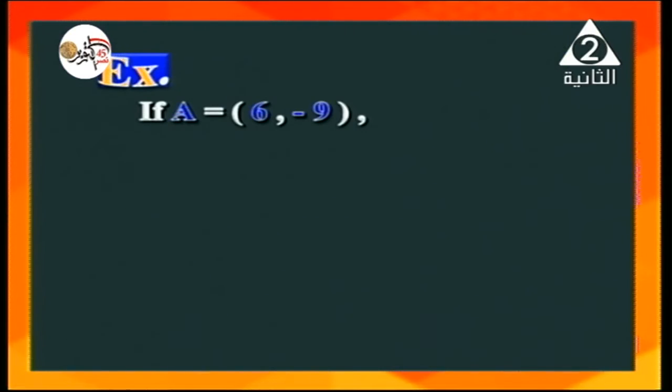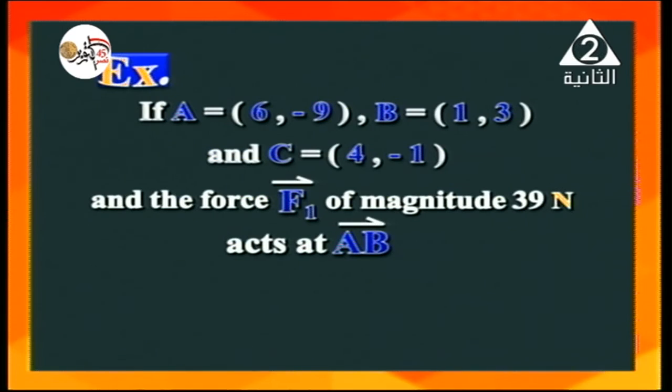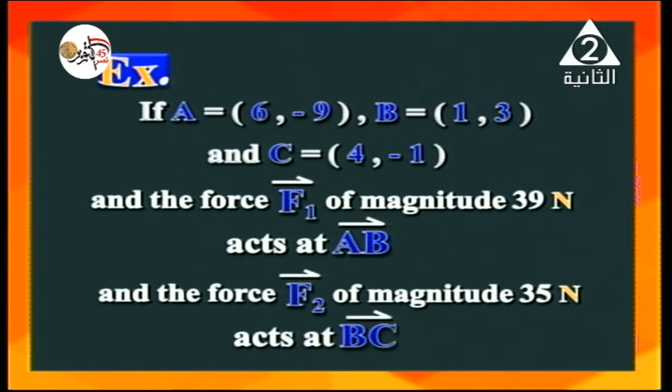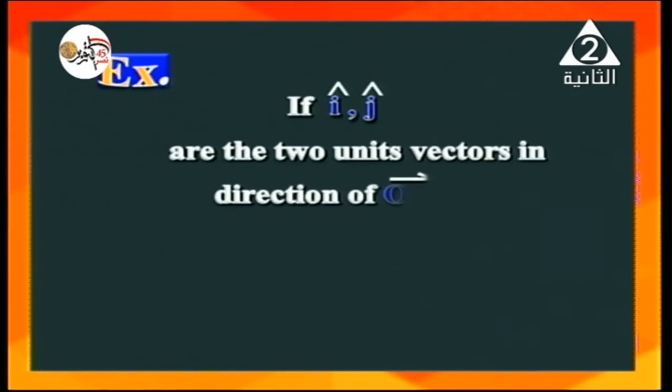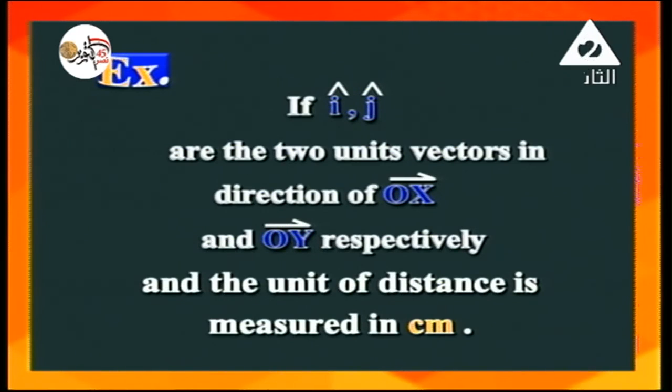A (0, 6), B (1, 3), and C (4, -1), and the force F1 of magnitude 9 Newton acts in the AB direction, and the force F2 of magnitude 5 Newton acts in the BC direction. If i and j are the two unit vectors in the directions of ray OX and ray OY respectively, and the unit of distance is measured in centimeters: Number 1, find F1 and F2.